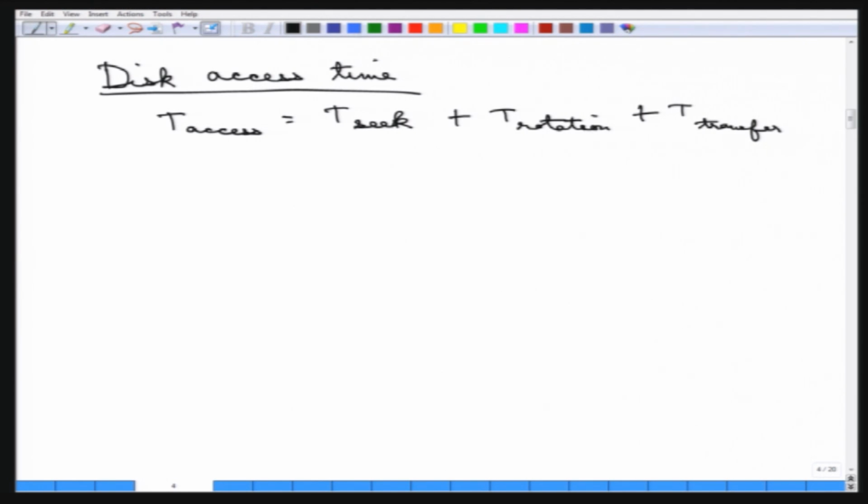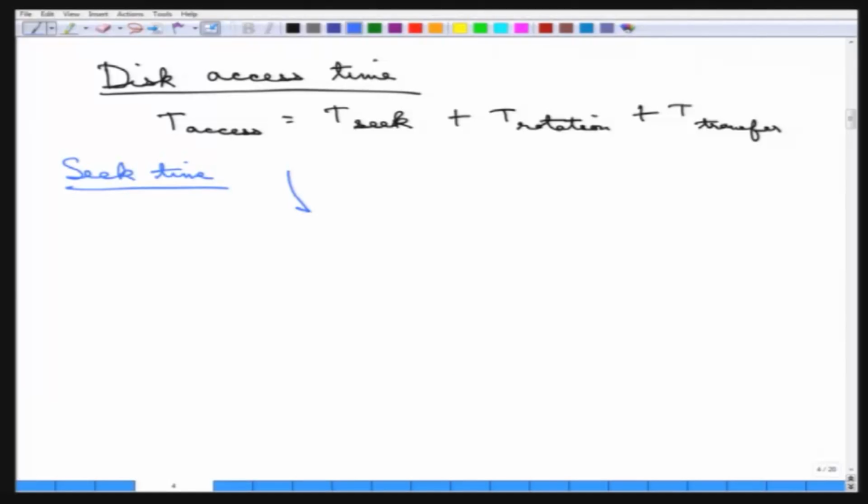So the seek time is the time for the arm of the read-write head to place itself on the particular track that it wants to. So it is the radial motion of the read-write head. This is the read-write head, and this is the radial motion of the read-write head. That is the seek time.